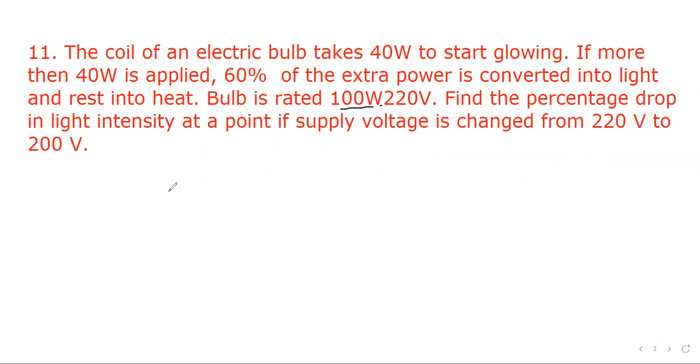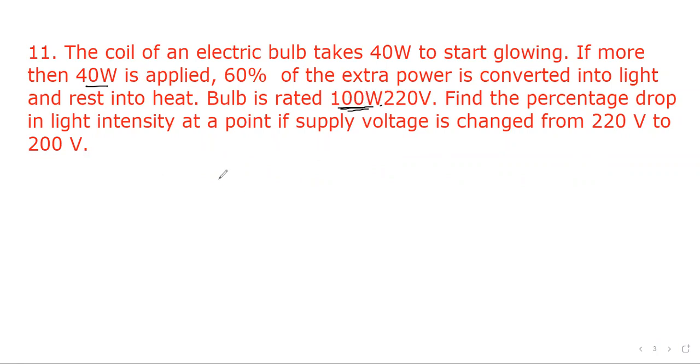So here, the bulb is 100 watt. So the excess power will be... 40 is the limit, so beyond which will be 60.